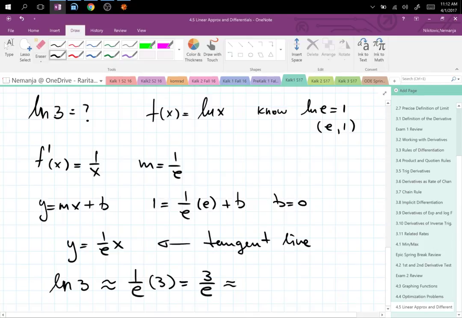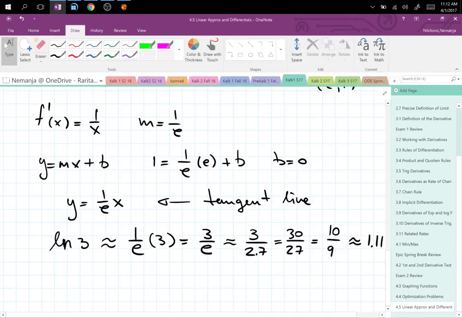Now e is about 2.7. We are approximating everything, so it's okay to put 2.7, which is 30 over 27. When you cancel by 3, you get 10 over 9, which is approximately 1.111 forever.